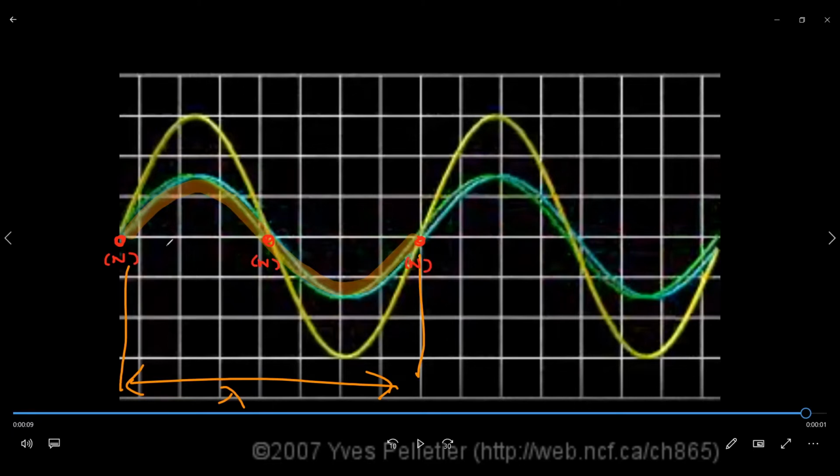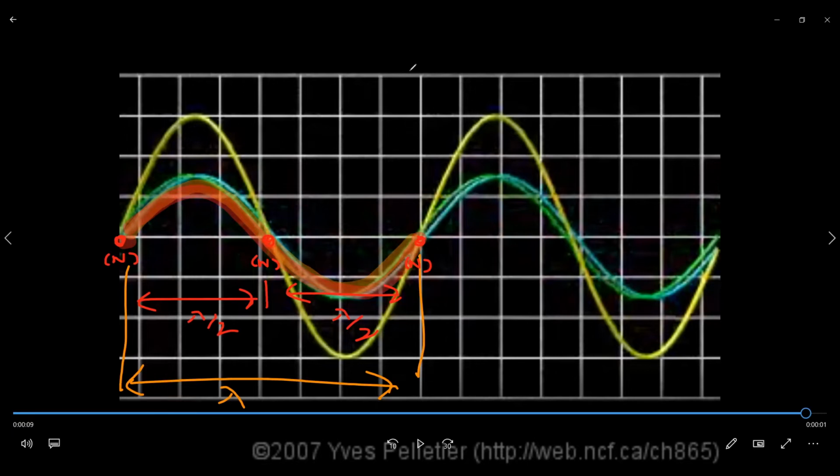It was mentioned that the distance between adjacent nodes will be half a wavelength. So you see from here, for one complete wavelength, you have these three nodes here. If you just look at the distance between adjacent nodes, it's actually going to be half a wavelength. That's why we told you that the distance between adjacent nodes will always be half a wavelength.